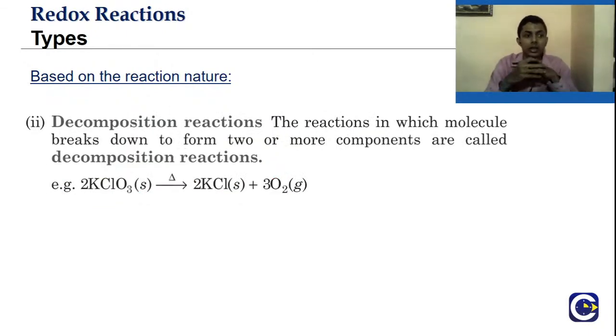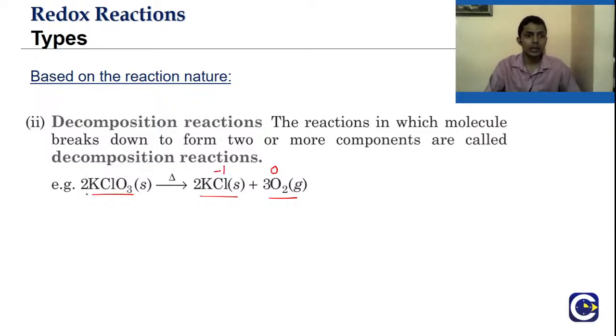The next type is decomposition reaction: a reaction in which a molecule breaks down to form two or more components. For example, KClO3 can decompose to KCl and O2. The oxidation number of O2 will be 0 and of Cl will be -1.